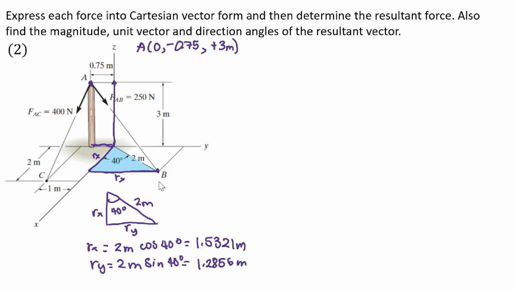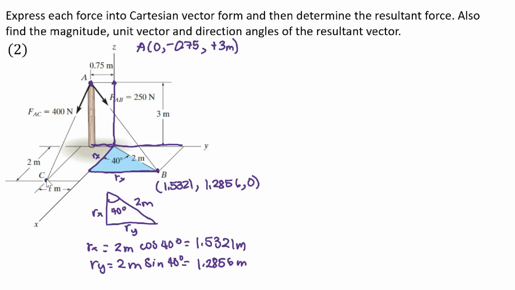So our point B has a component of 1.5321 meters, and this dimension is along positive X, so that is positive. Then for Y, that is 1.2856, and it goes from the origin to positive Y, so that's still positive, and 0 component for Z. So we have now our point B.